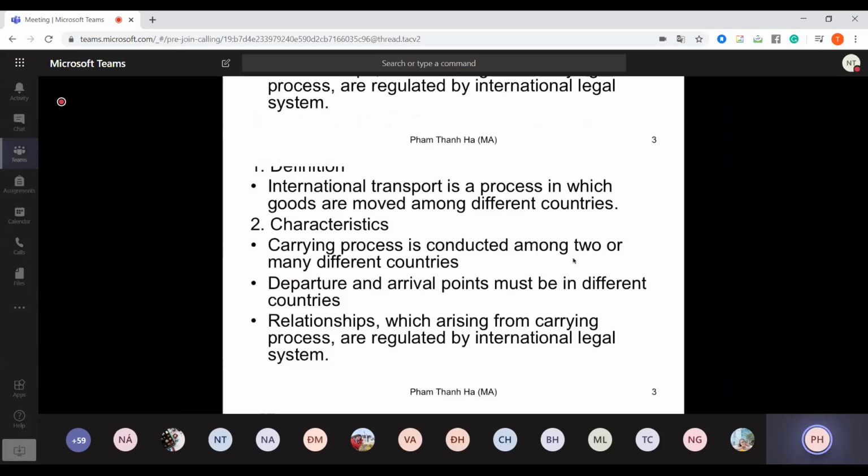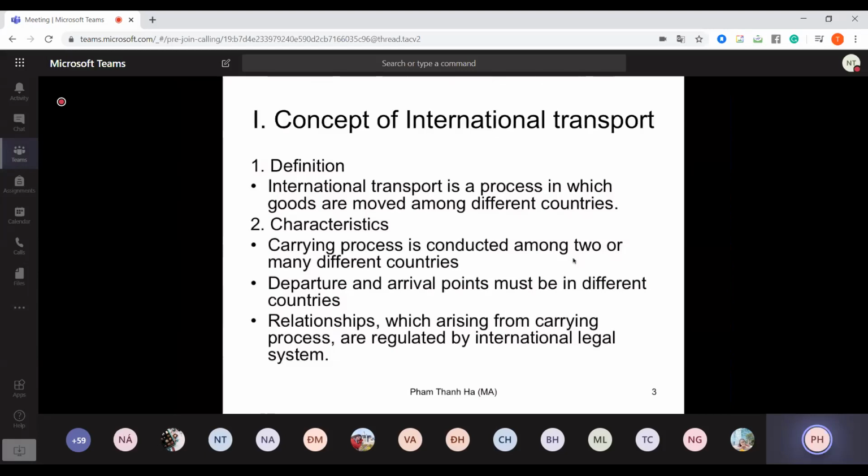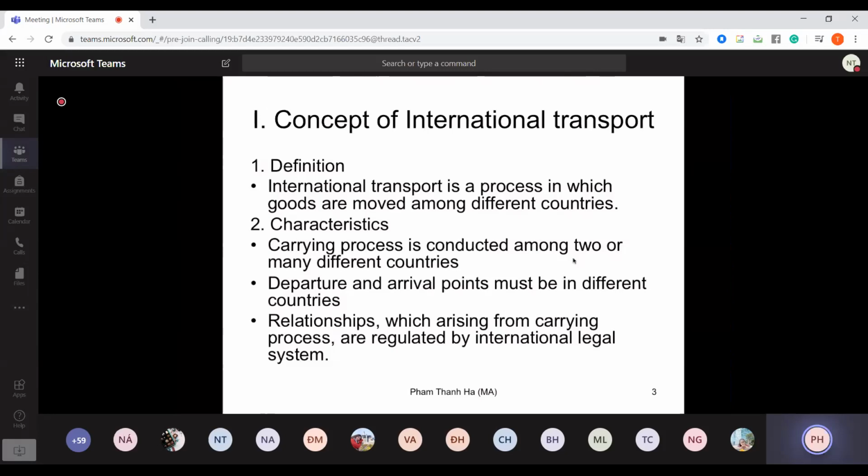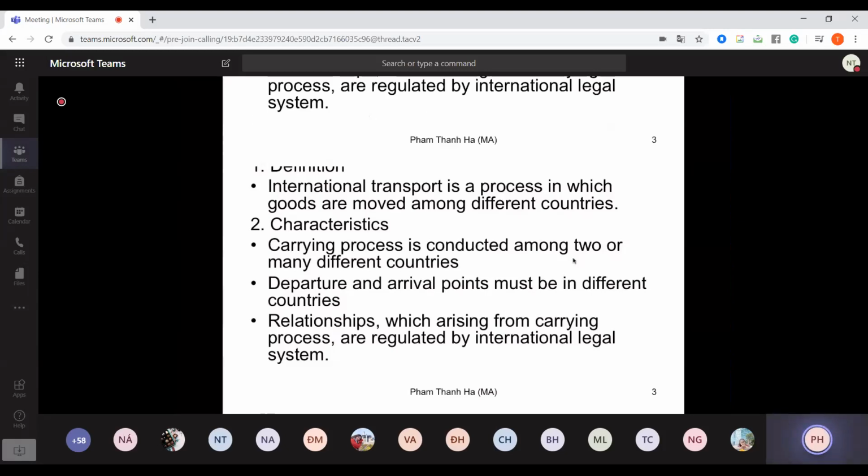The most important characteristic of international transport is that the relationships which arise from the carrying process are regulated by the international legal system. So we need to spend several minutes to analyze this characteristic.